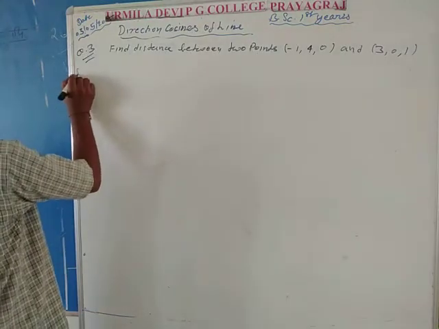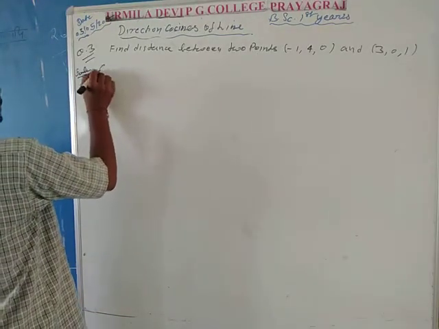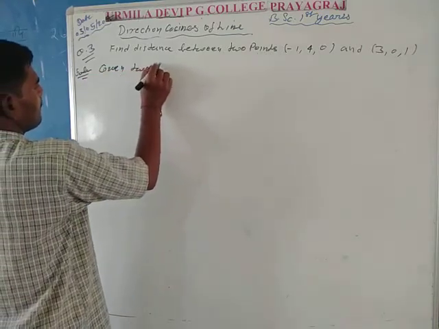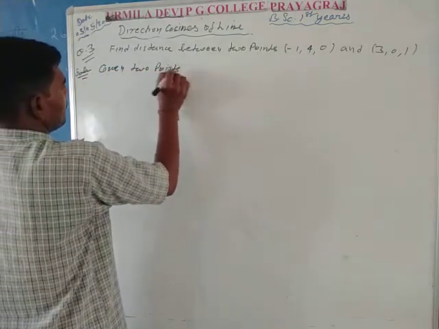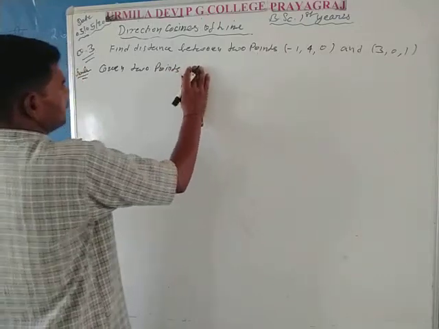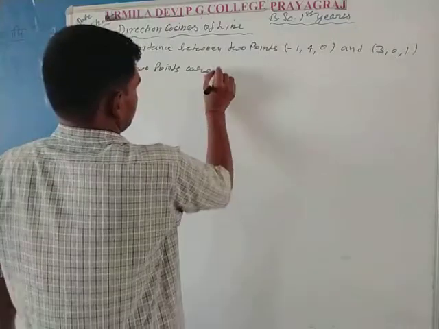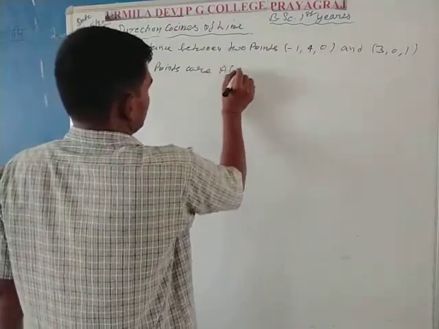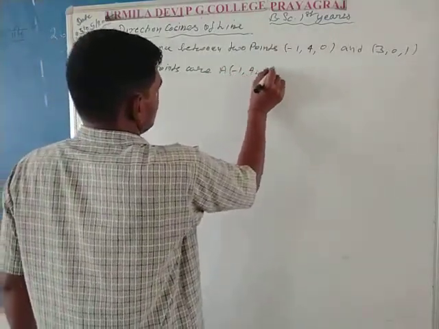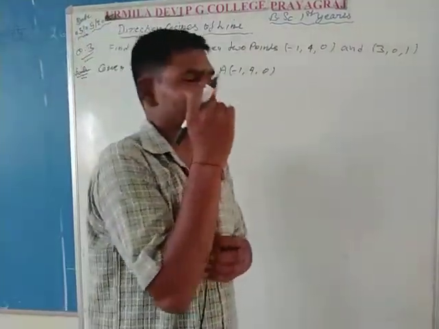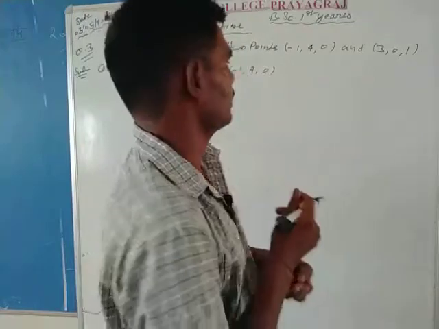So in the solution, the given 2 points are denoted by capital A, whose coordinates are minus 1, 4, 0. It depends on you; symbols A, B, C can be used to denote them.